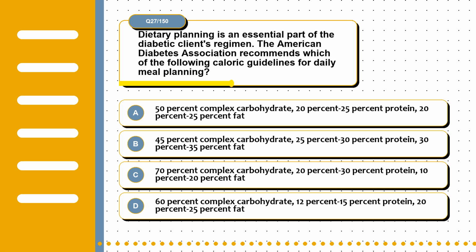Option B. 45% complex carbohydrate, 25% 30% protein, 30% 35% fat. Option C. 70% complex carbohydrate, 20% 30% protein, 10% 20% fat. Option D. 60% complex carbohydrate, 12% 15% protein, 20% 25% fat.